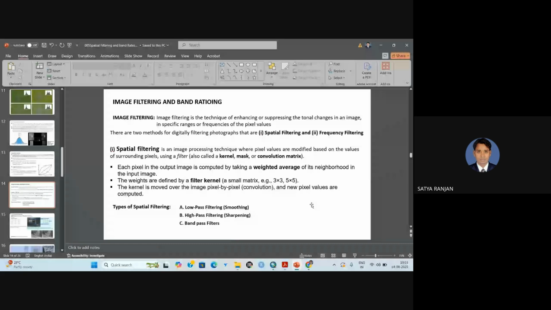The logarithm approach takes DN values in the darker part of the histogram and stretches them, and it also compresses the DN values in the brighter part. In many satellite images, a larger portion of pixel values is concentrated in the low end of the brightness range. For example, water bodies.